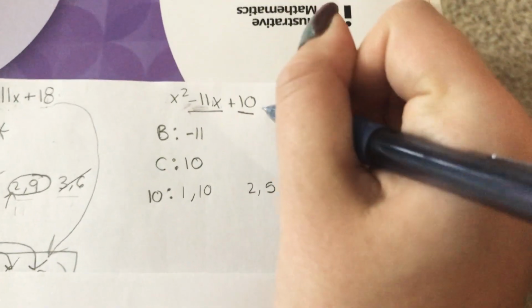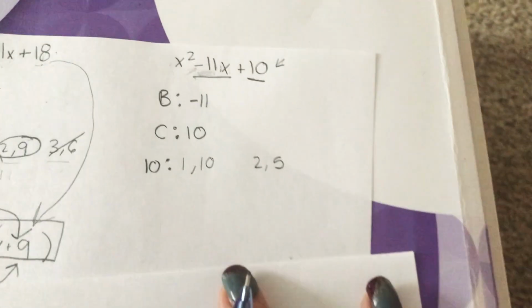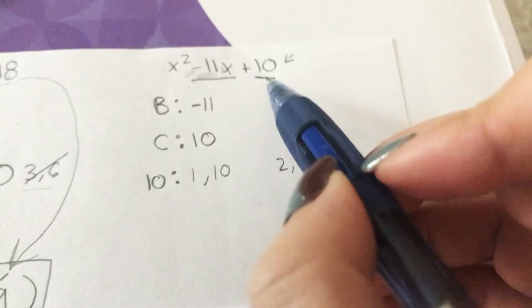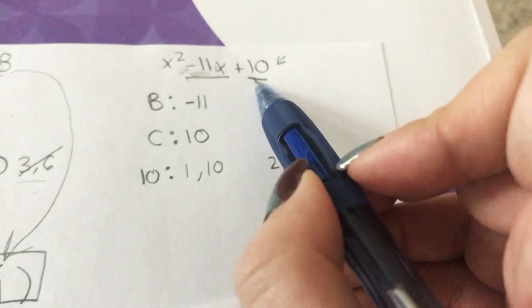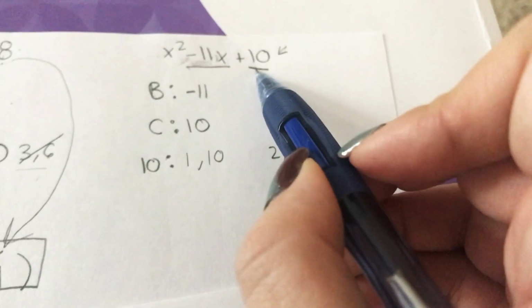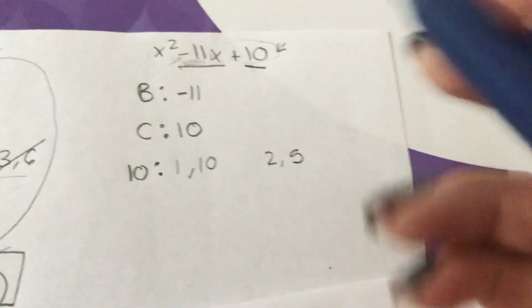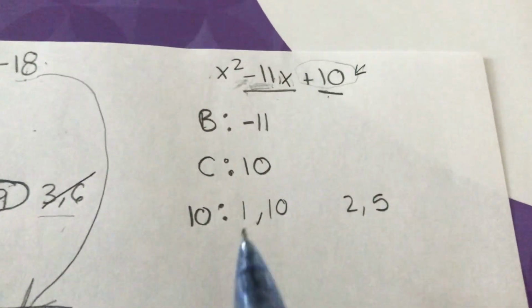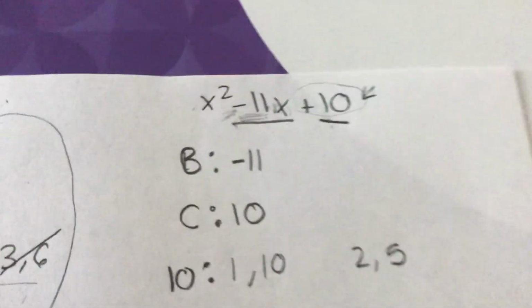Since my c value here is positive, that means I need to have either 2 positive factors or 2 negative factors, because a negative times a negative will give me this positive value. So, playing around with it, I need some variation of 1 and 10, or 2 and 5.